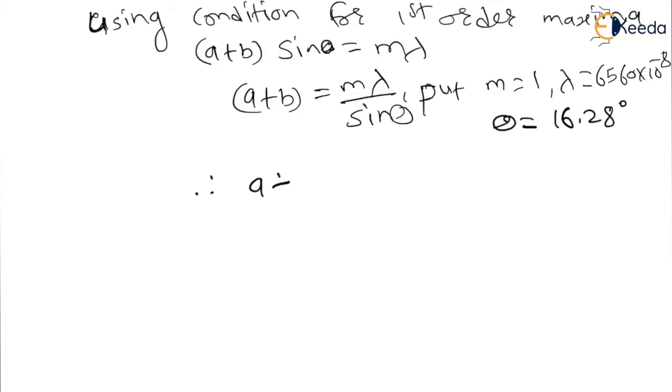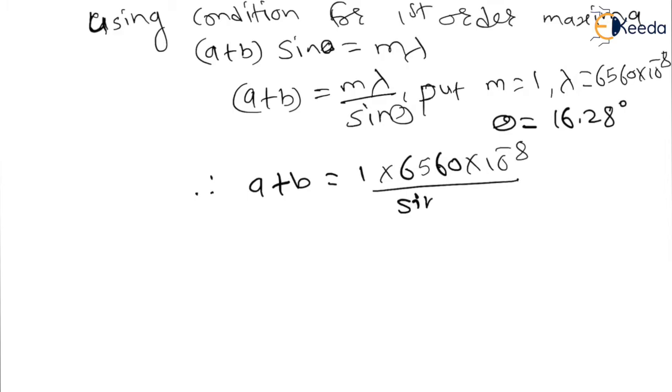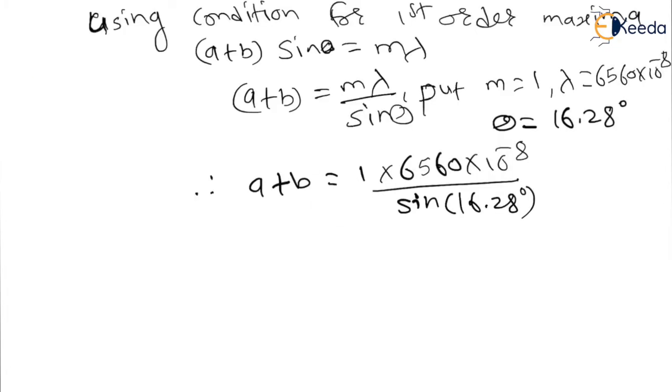Therefore a plus b is equals to, order is 1, lambda is 6560 into 10 raised to minus 8 upon sine of 16.28 degree, right? That was 16.28 degree. Now calculate it using calci. So you got a plus b is equals to 2.34 into 10 raised to minus 4.